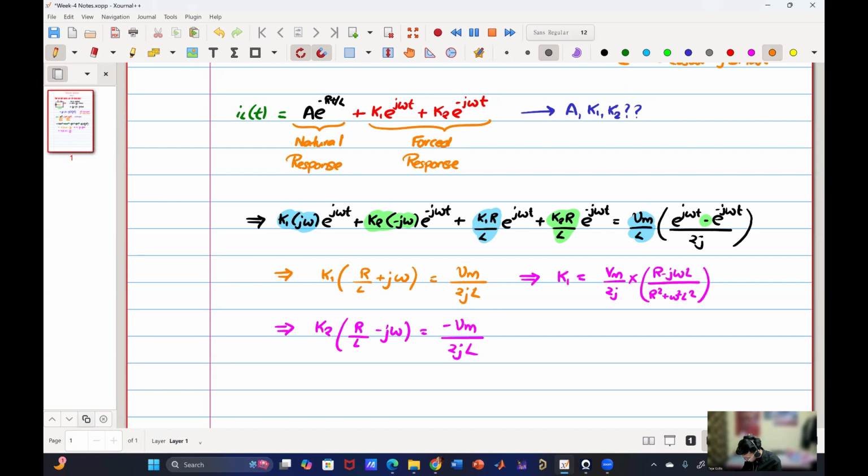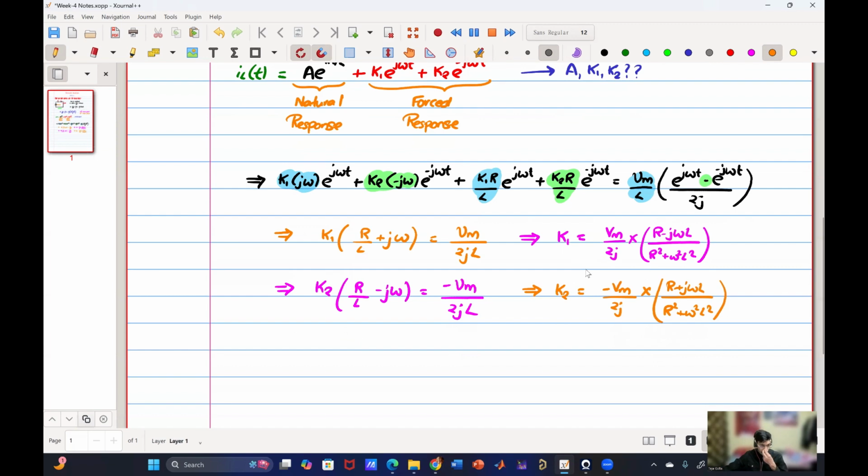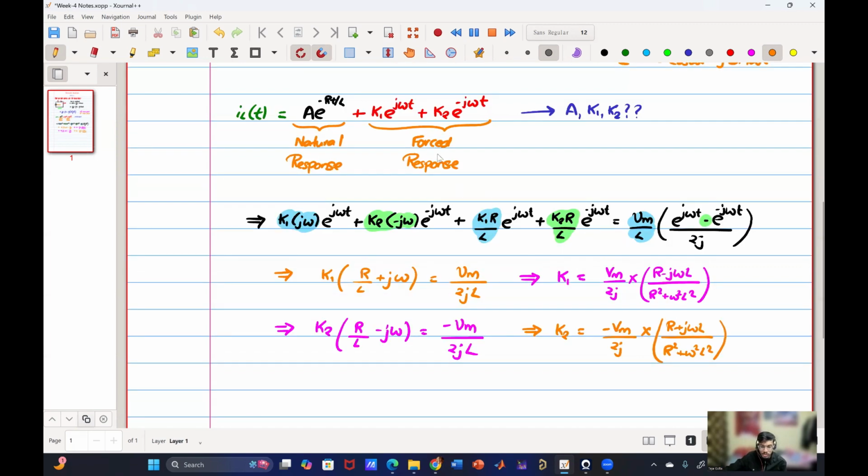And K2 you will get as minus Vm by 2j into (R plus j omega L) by (R square plus omega square L square). So this is what you will be getting if you calculate it. But let us assume that we got these expressions. So now I am finding the forced response. What is the forced response? K1 into e to the power j omega t plus K2 into e to the power minus j omega t, right?